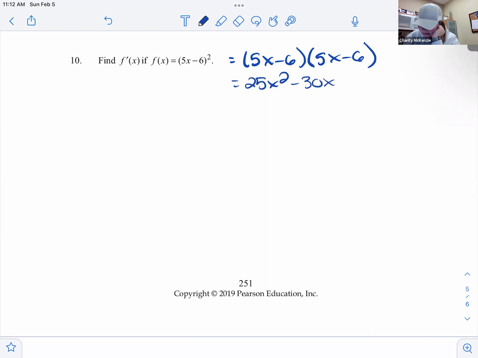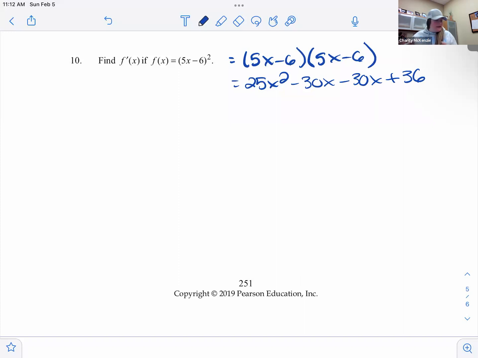So we can just multiply this out, and then use the simplified function. Think of this square as 5x minus 6 times 5x minus 6. So times that out, 5 times 5 is 25x squared. 5 times 6 is 30x, minus another 30x, plus 6 times 6 is 36.